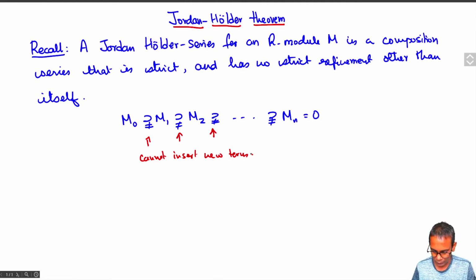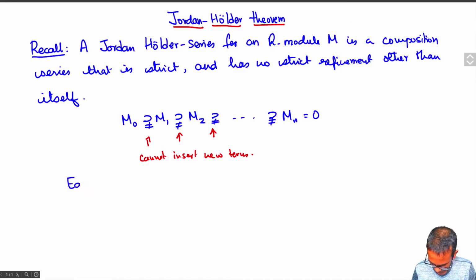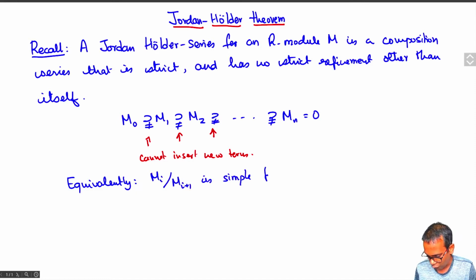Okay, and more important, equivalently, we could say that Mi mod Mi plus 1 is simple for i equals 0 to n minus 1.